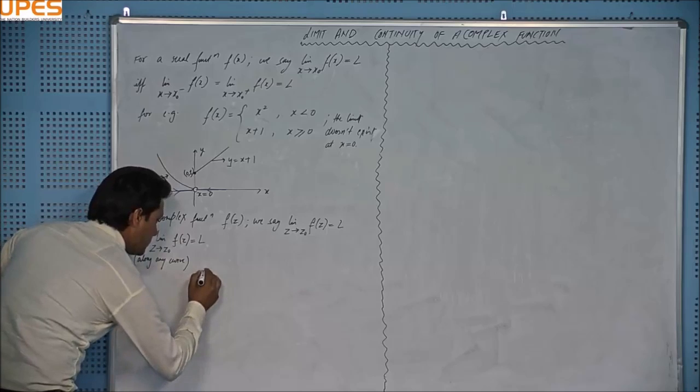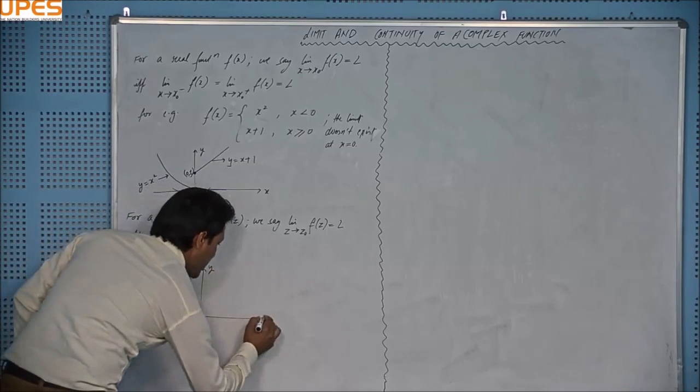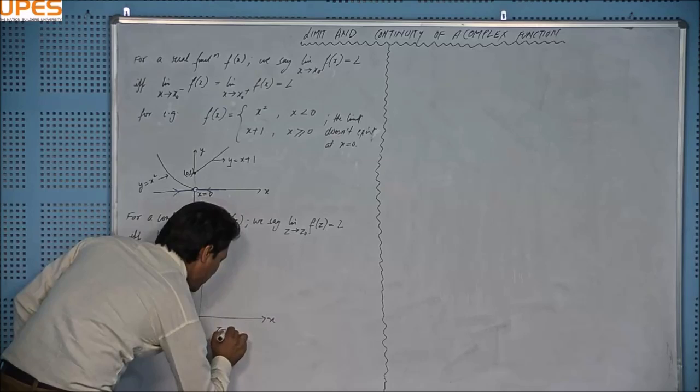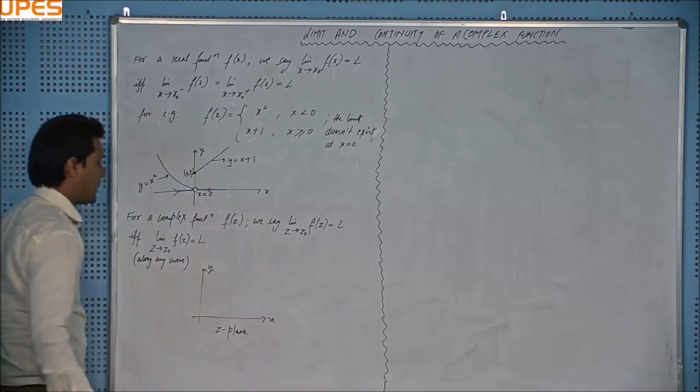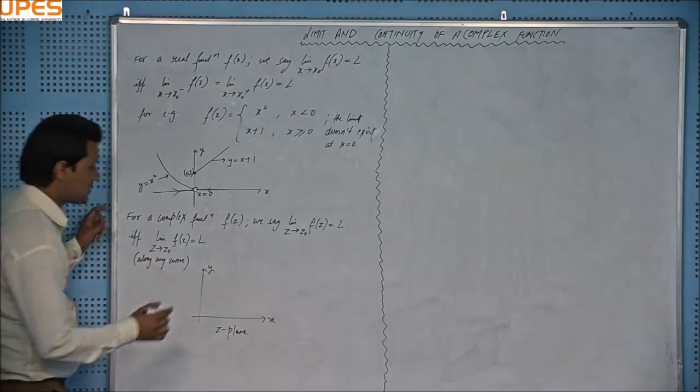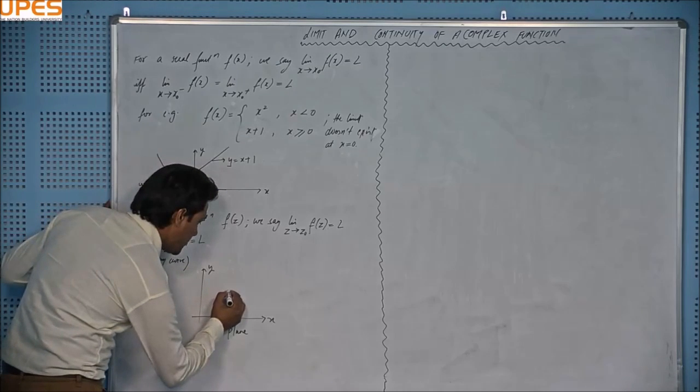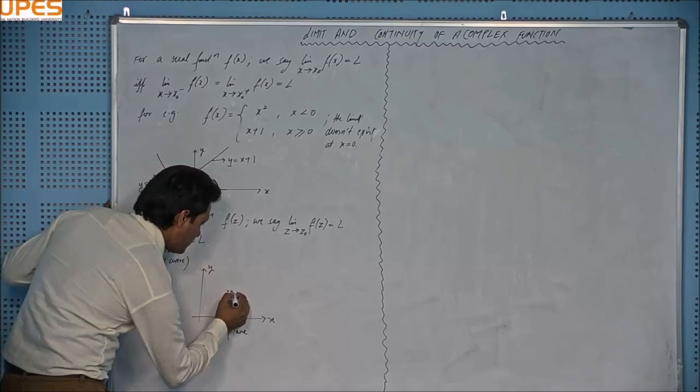So this is your y, this is your x, and this is your z plane, and suppose this point is z naught.